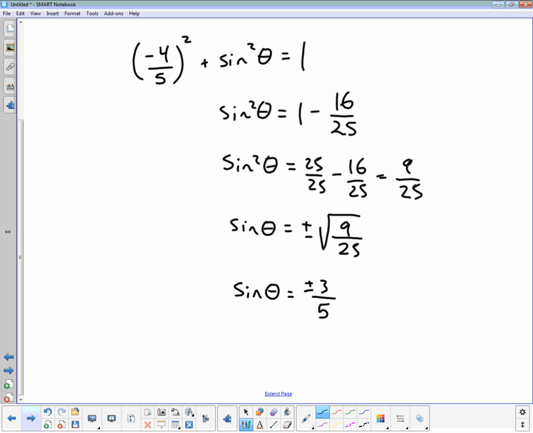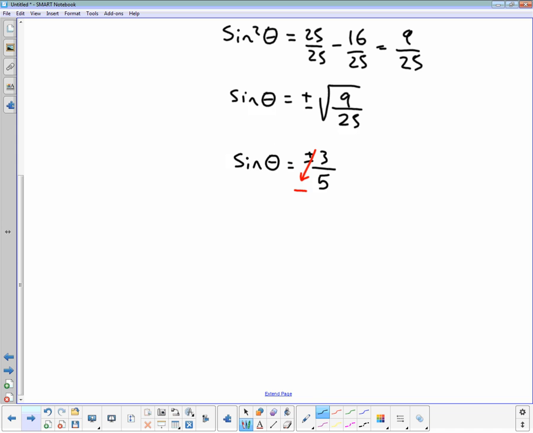We have to remind ourselves that we're living in the third quadrant. If we're living in the third quadrant, is my sign positive or negative? So I want the negative case.